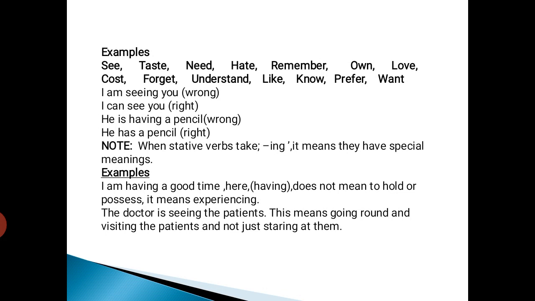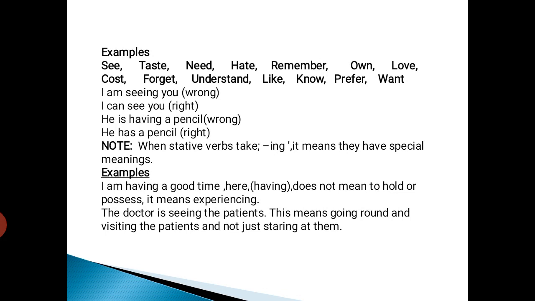Note, when stative verbs take ing, it means they have special meaning. It is on a special occasion that stative verbs can take ing and they give special meaning. For example, I am having a good time here. Having here does not mean to hold or possess.